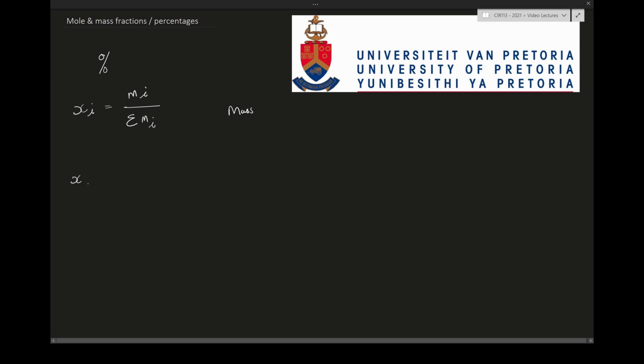When we say it's a mole fraction, it is the mole of the component over the sum of the moles of all the components. And you can see that these two things are very similar. The only difference is that in the one, it is the mass of something over the mass total, and the other one is the moles of something over the moles total. We denote both of those by a fraction.